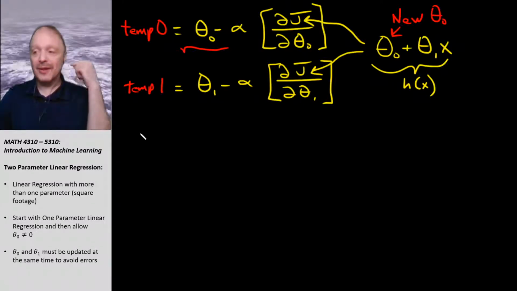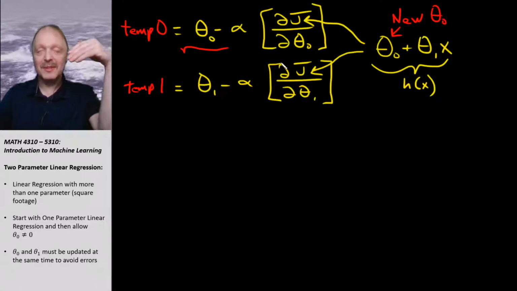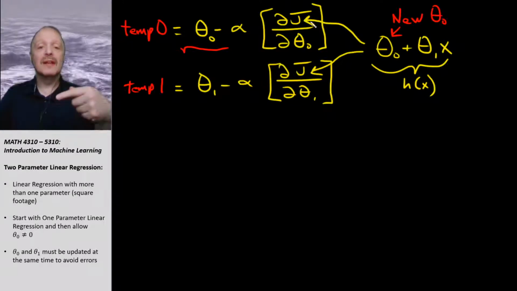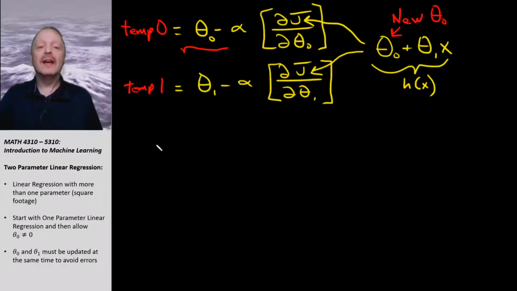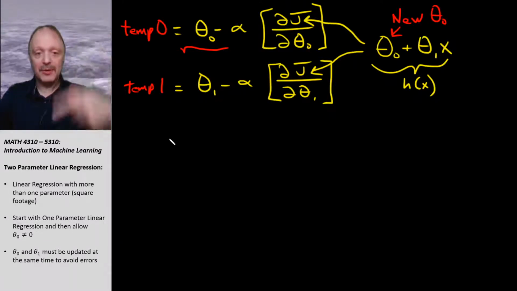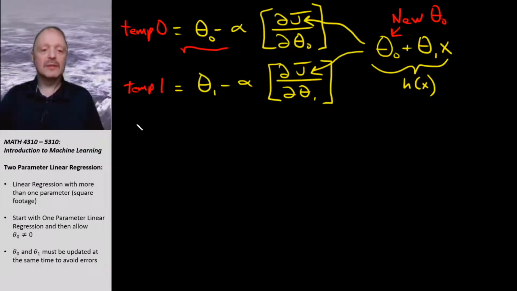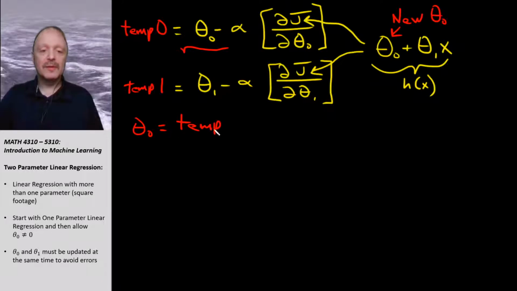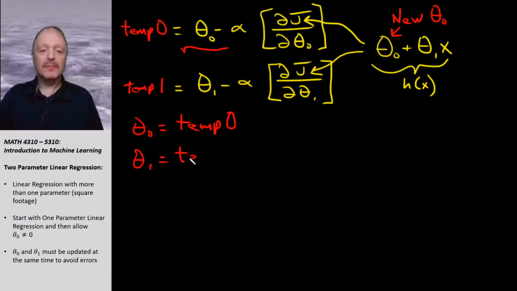Then, after I've done all of them, assuming we'll just do two parameters, once I have run through both of those, this is the same cost function as this cost function. Now I update in a batch. Theta sub 0 gets temp 0, and theta 1 gets temp 1.